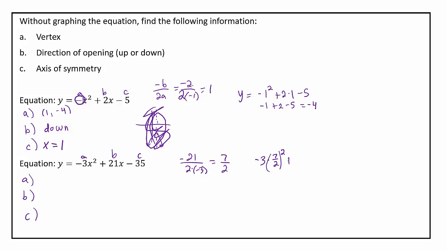So we want to plug in 7 halves. And I'm telling you, this is awful because I've already done it once. We square 7 halves and get 49 over 4. Here, 21 times 7 is 147. So that's 147 over 2. 3 times 49 also is negative 147, if you'll believe it.